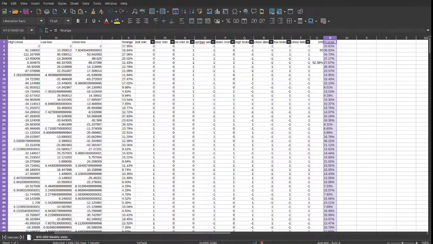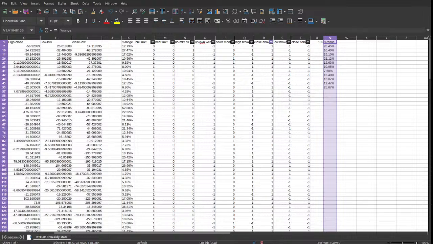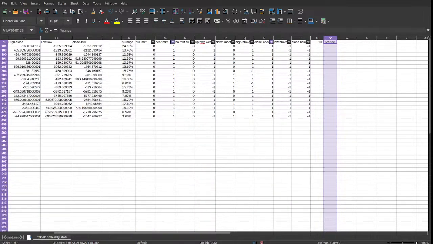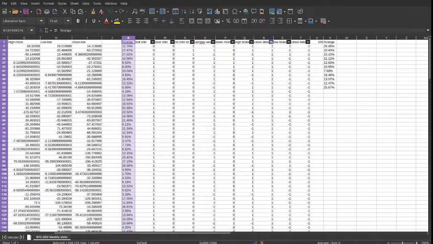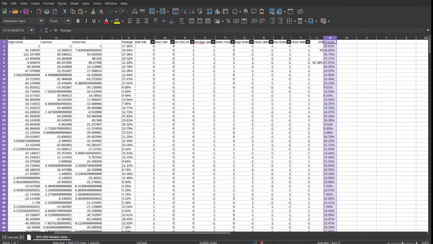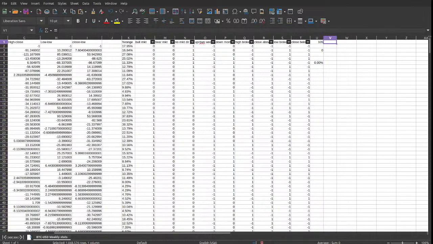Then it's going to be follow through. Choose a close above in a bear market. There's a few. I don't know. So I'm not confident that this data is very powerful.